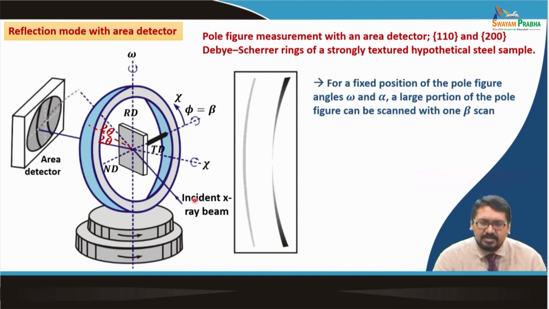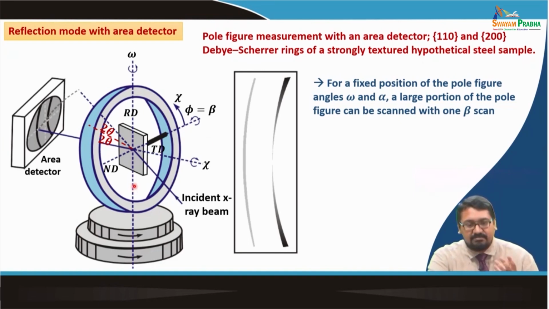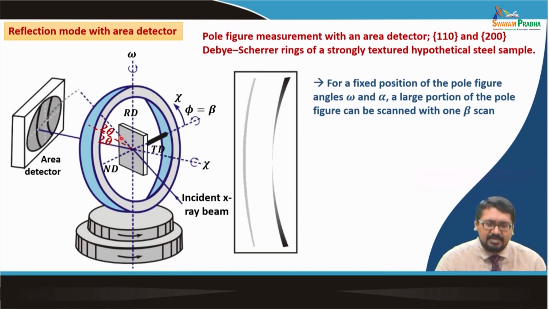So, you can see that the pole figure measurement, this is a hypothetical diagram which shows a steel sample with RD above, ND here and TD this side. In the reflection geometry, the incident beam is coming from this direction and here is the area detector present.